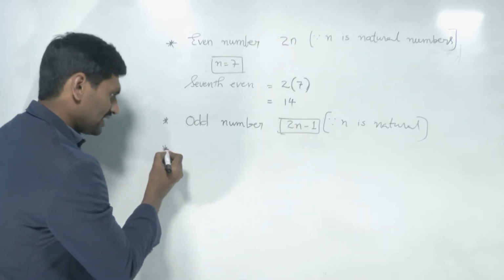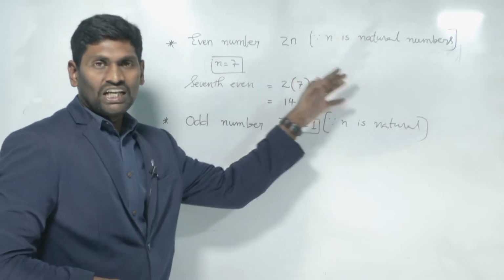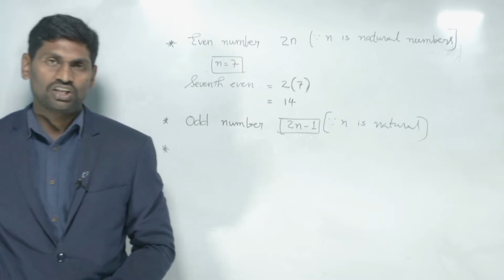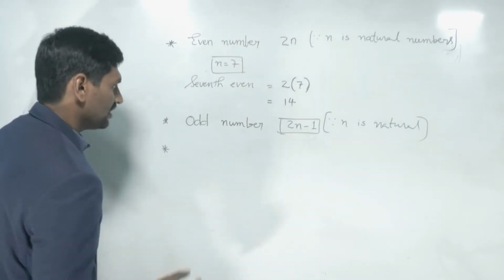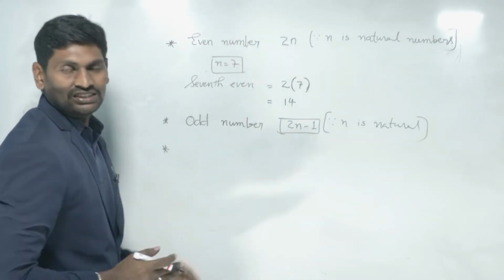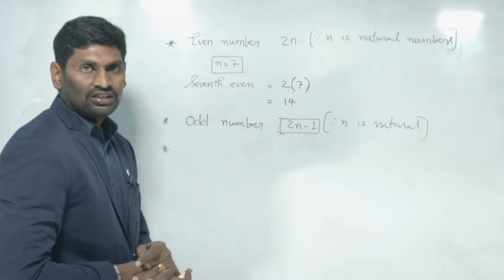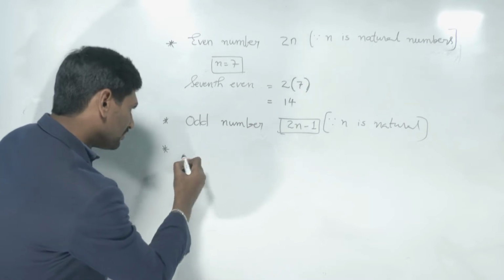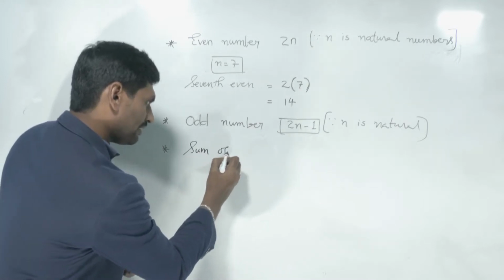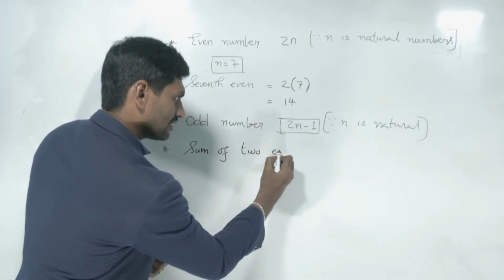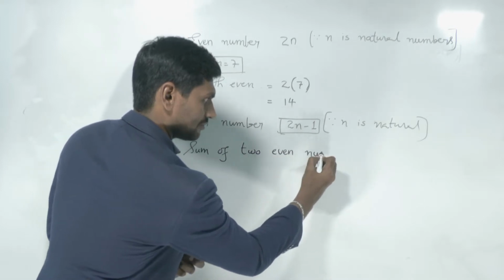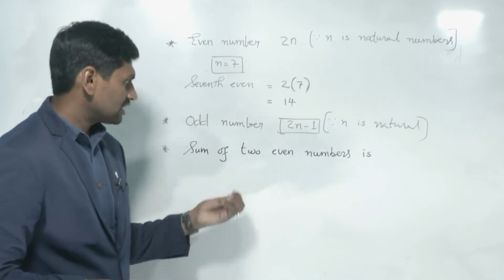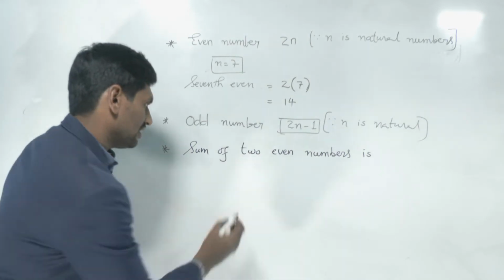Now let us discuss some points regarding the even number and odd number. Now let us see some properties of even number. If you add two even numbers, what number will come? Sum of two even numbers is, let us check.